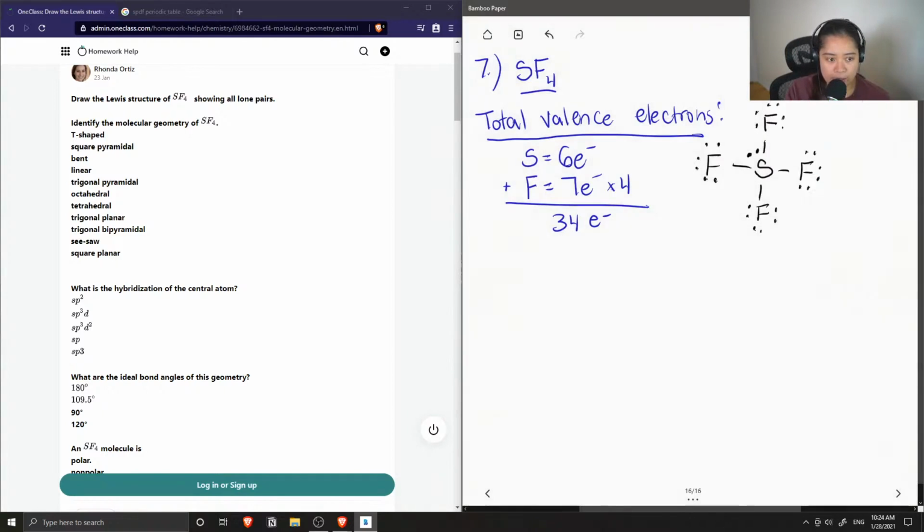So now let's analyze this Lewis structure to find out its molecular geometry, hybridization, and the bond angles. The central sulfur atom contains 1 lone pair and 4 bonded atoms.